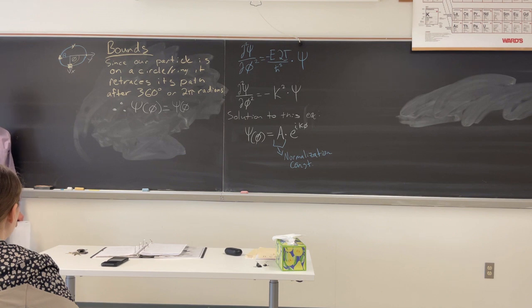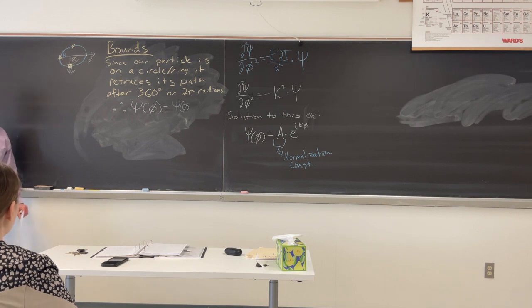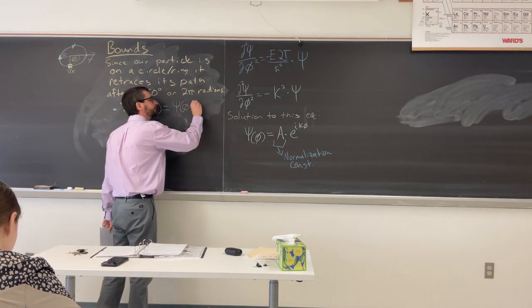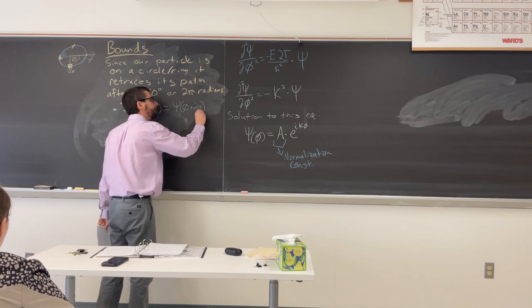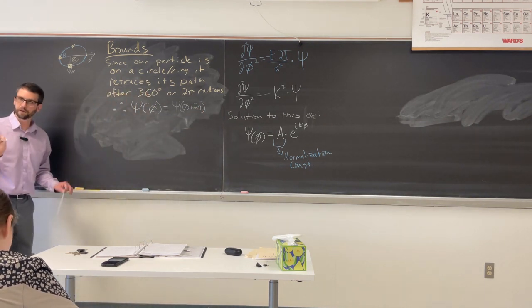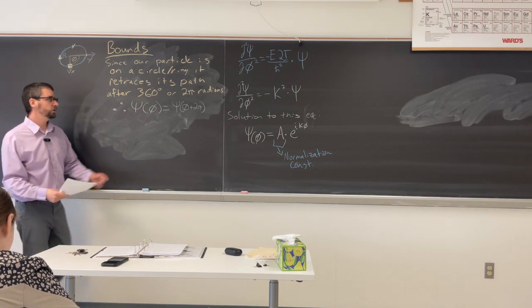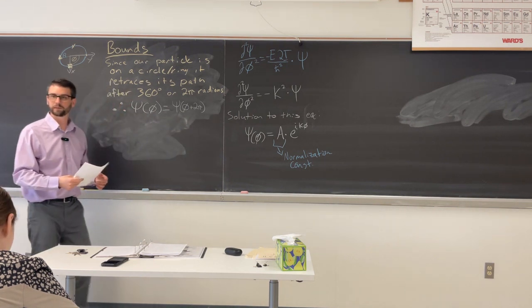If I want that to be true, what else do I have to tack in here? Yeah. If we're keeping in radians, which will operate in radians, so these two have to be equal to each other.